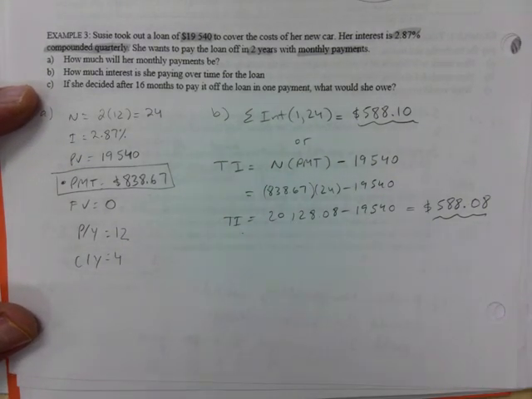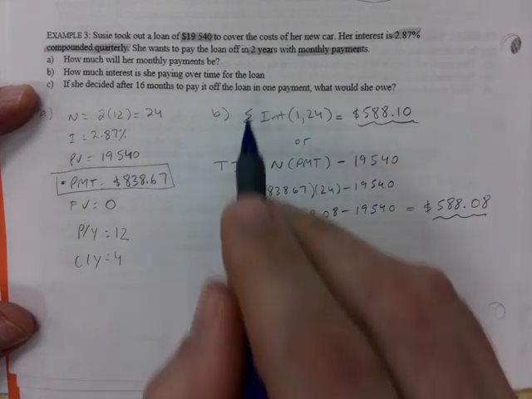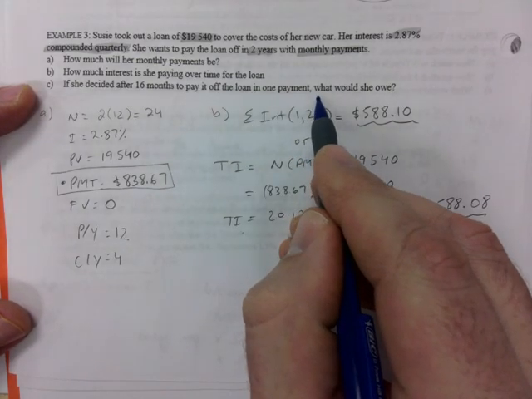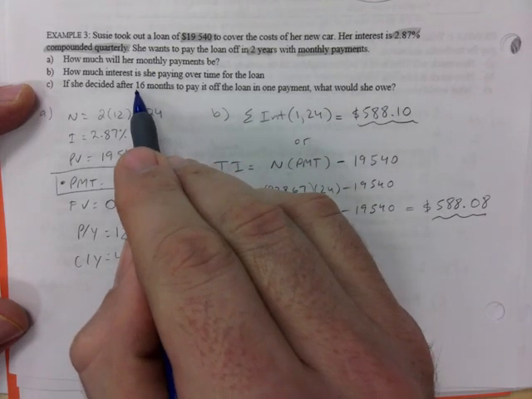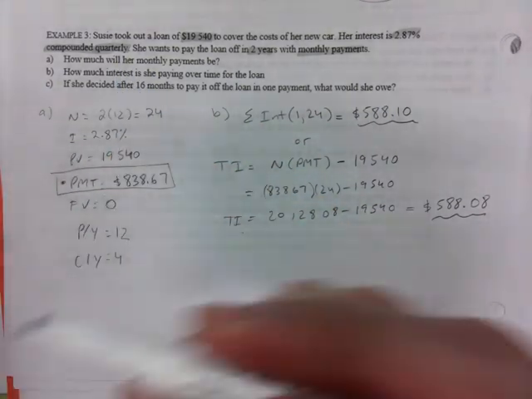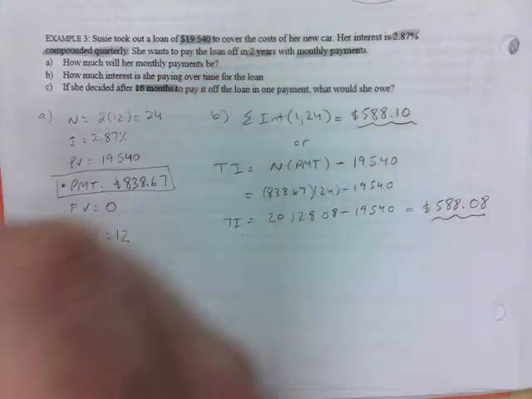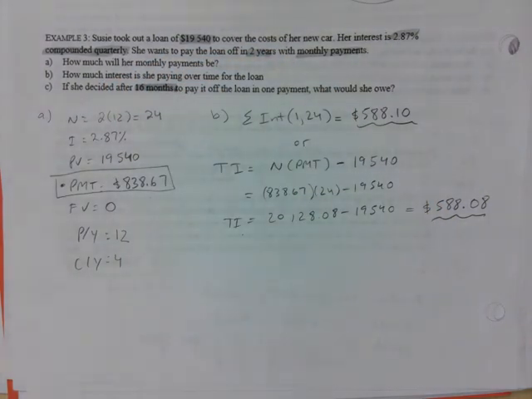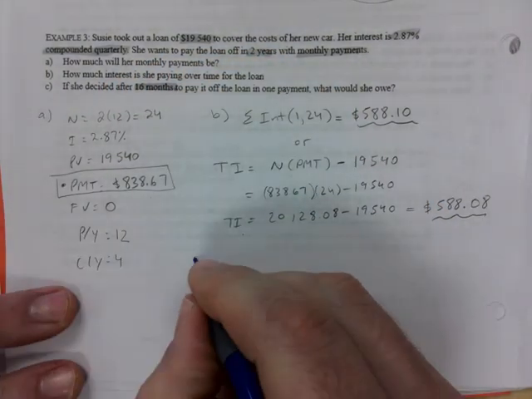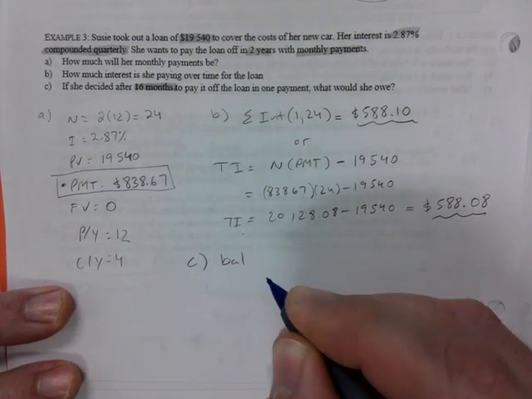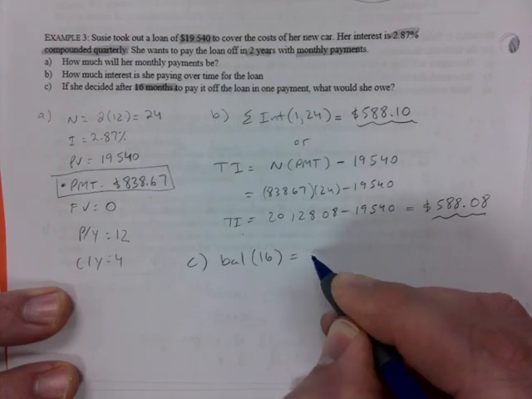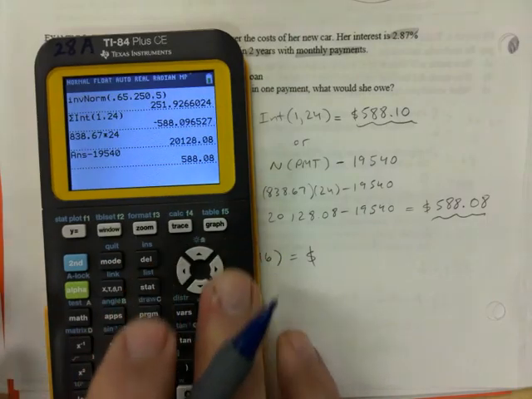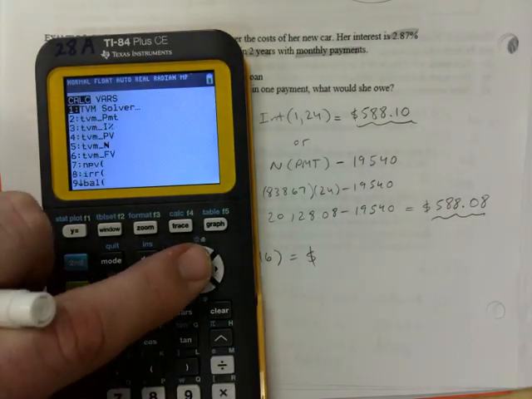If she decided after 16 months to pay it off in one payment, what would she owe? So it's giving you the time in months already, which is kind of a nice thing here. Okay. So we'll just say, we want to know how much is left to pay it off. So balance after 16 months, we're going to figure that out.